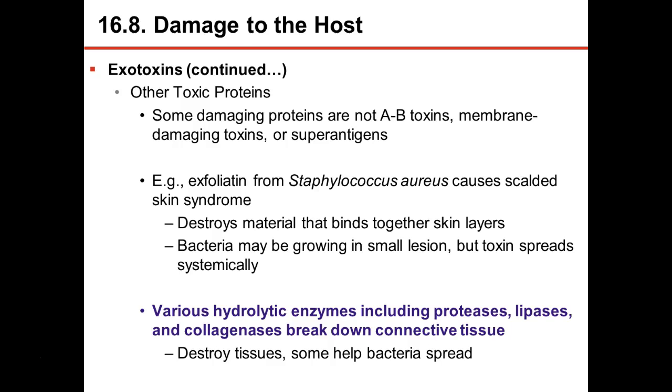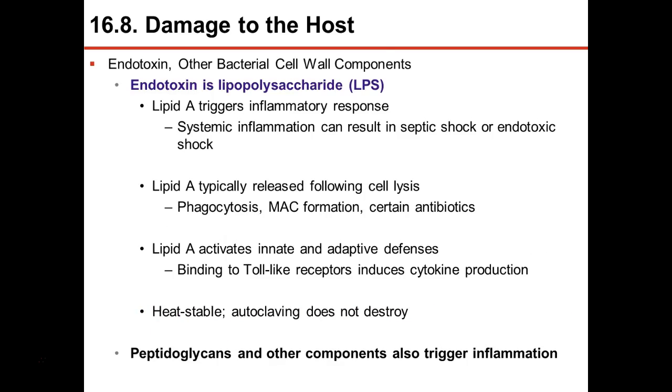Other types of toxins come in all these other flavors that are highlighted at the bottom: proteases, enzymes that break up proteins, lipases, enzymes that break up lipids, collagenases, and so forth, to help the bacteria ultimately survive within the host.